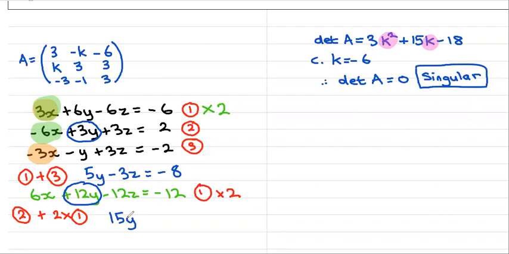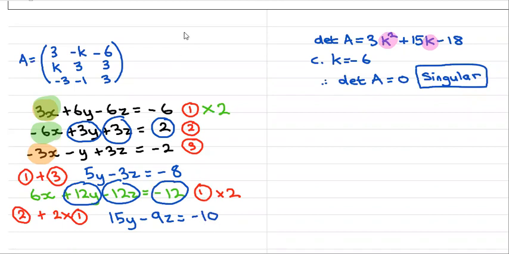And then looking at the z's, we've got plus 3z subtract 12z, so we've got subtract 9z. Then we do the same thing with the constant: 2 subtract 12, which is -10.